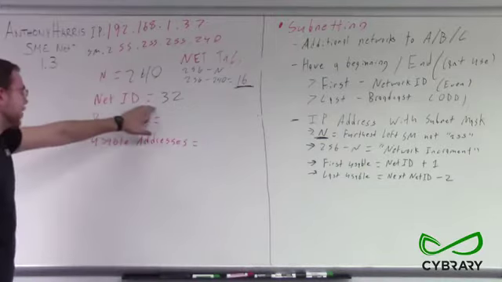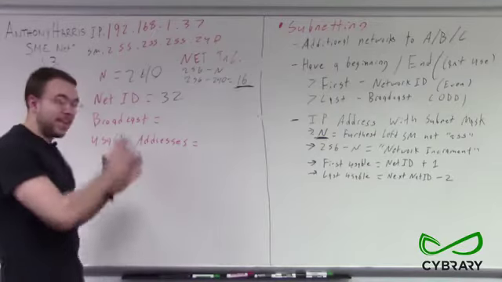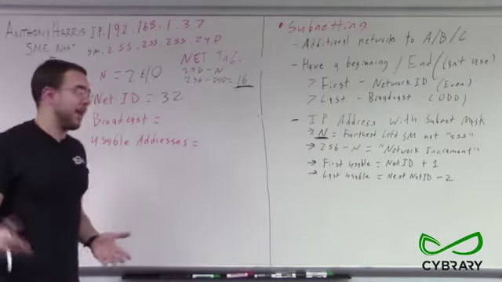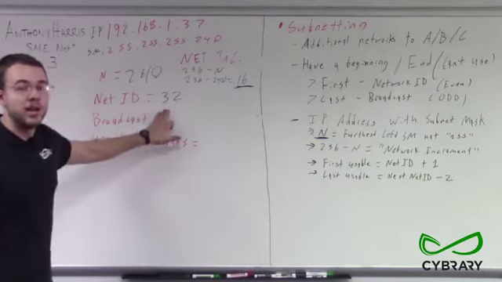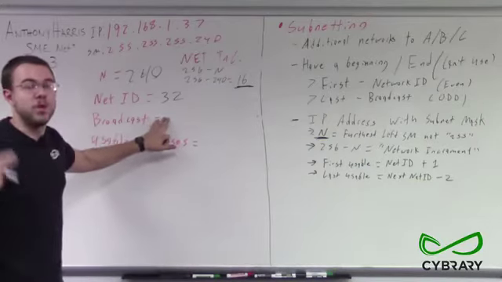So net ID of 32, how do we find out its broadcast ID? Well, the next network ID, the next subnet section, is going to be starting with 48. So that means its broadcast ID will be one less than that. It'll be 47.